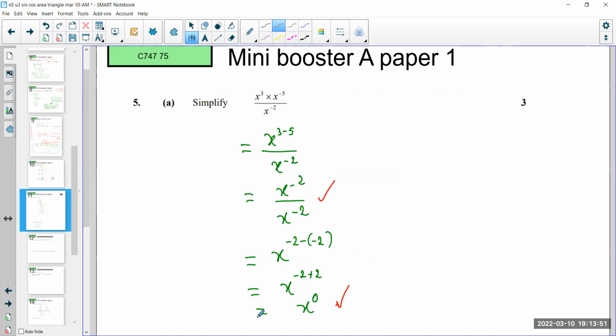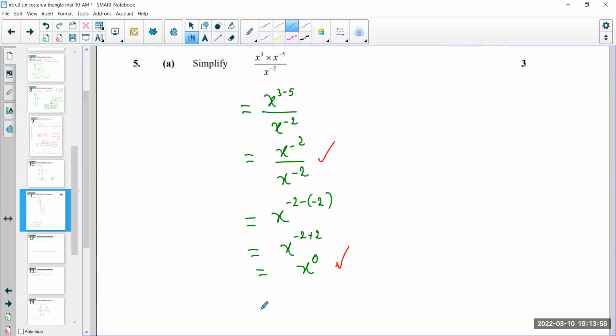And what is x to the power 0? Anything to the power 0? Equals 0? Ooh. Try that in your calculator. So you've told me that if you take something and you divide it by the same thing, what happened?